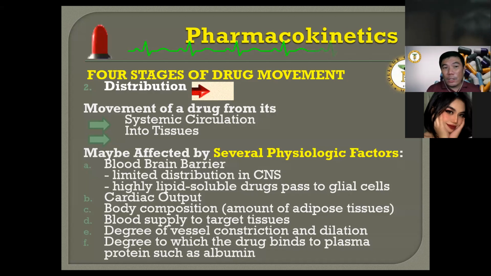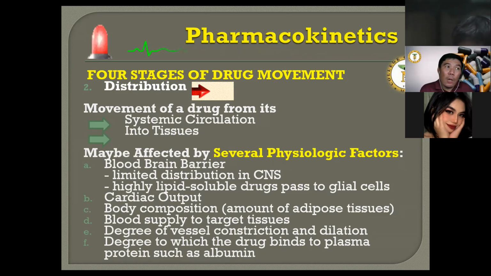Now, there are physiologic factors to consider that distribution may be affected. Example, maybe you are wondering, sir, with the drugs that the person is taking, how the brain could be protected, because you've mentioned that those drugs are carried by the plasma. So if it is within the circulation, it enters different parts of the body, including the brain.